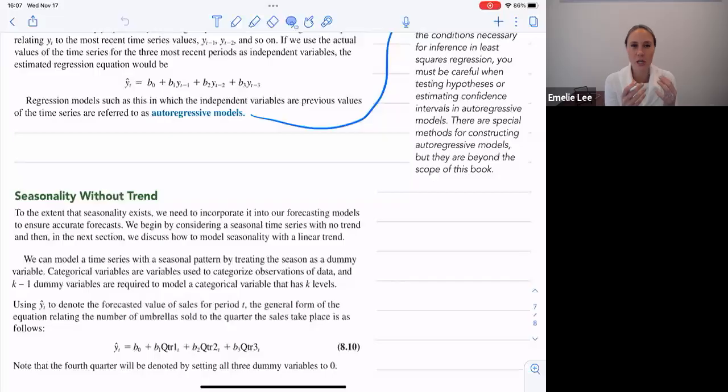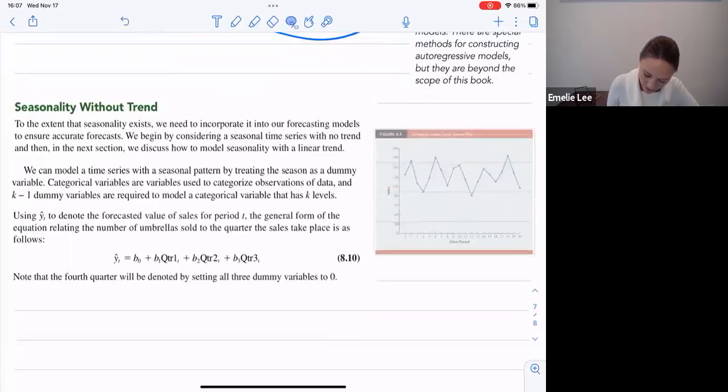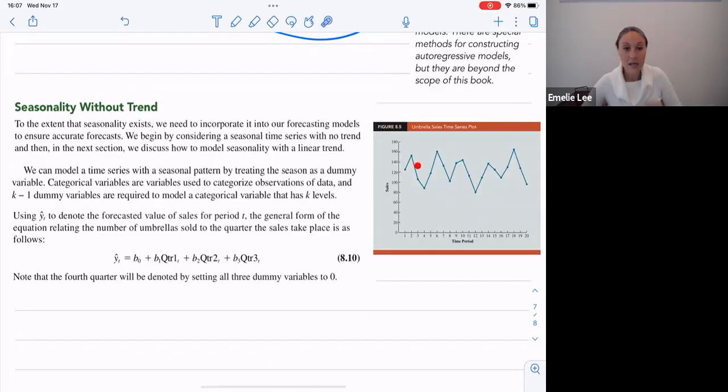We have to know the shapes to know what to apply. So here, if you see seasonality without trend, that would be something like this. In fact, it would be really easy to say that this is a horizontal pattern. It looks like there's random scatter around some average value, right?